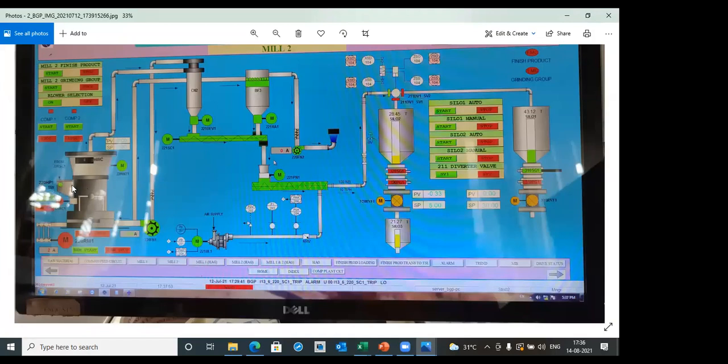We will be smoothing the operation as well as saving power through this initiative. In this context, we would like to utilize the value engineering tool to study and put it in a better way so that it can work properly.